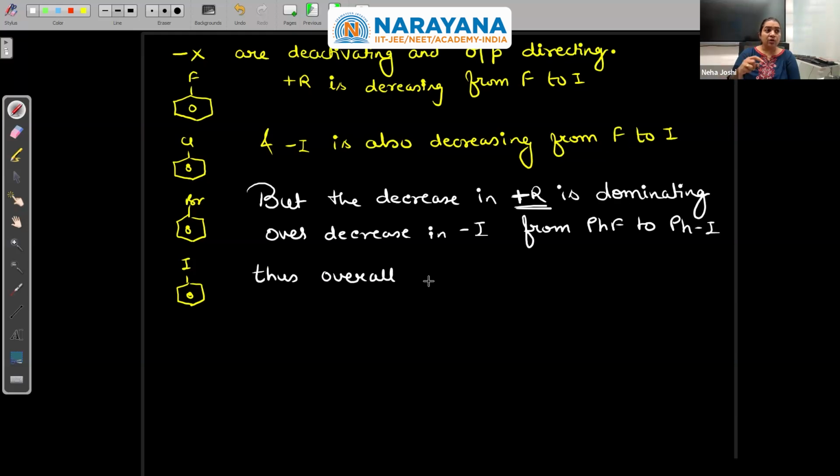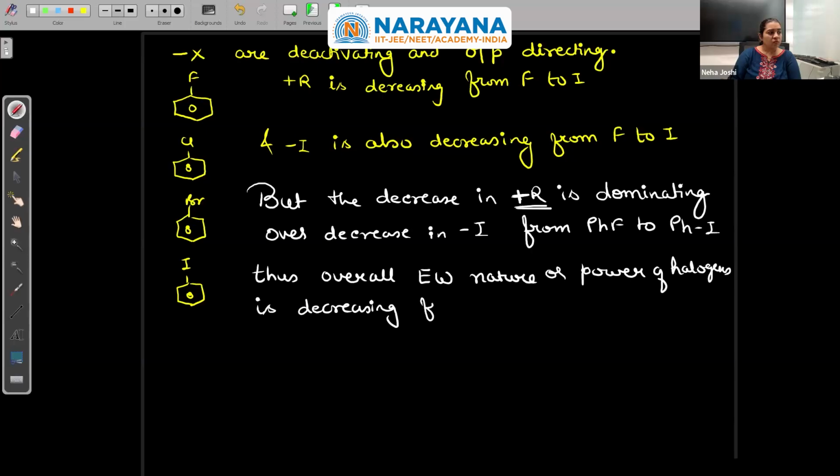So overall, donation is decreasing, right? Overall electron withdrawing nature or power of halogens is decreasing from PhF to PhI. Is that absolutely clear?